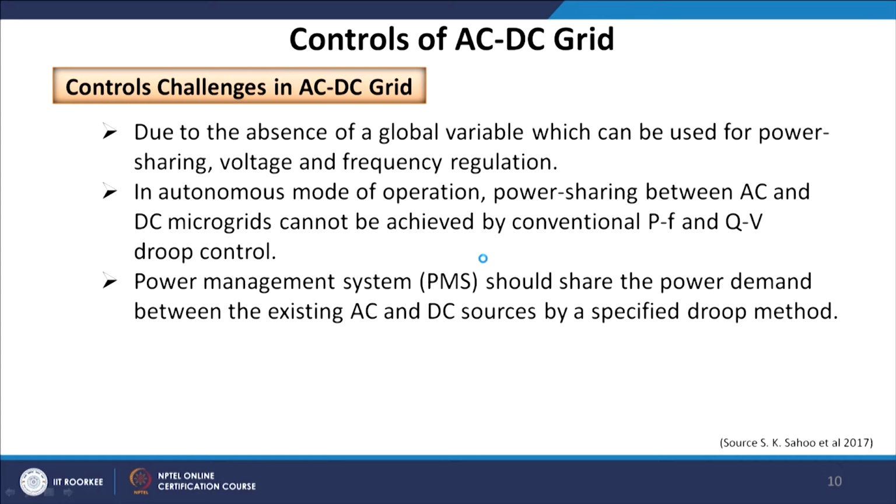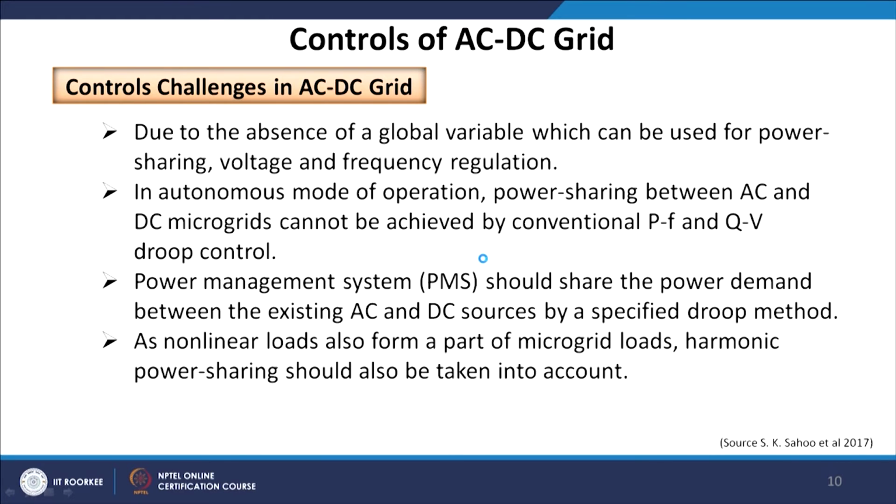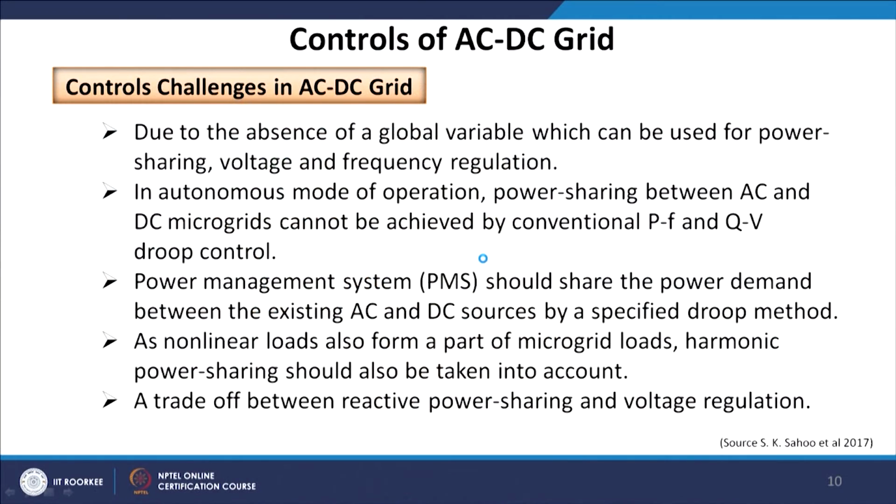The power management system, that is PMS, should share the power demand between the existing AC and DC sources by a specified droop method. As nonlinear loads are also part of this microgrid, harmonic power sharing should also be taken into account between the grids. A trade-off between reactive power sharing and voltage regulation becomes important.